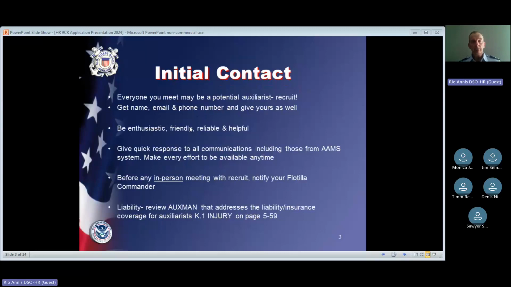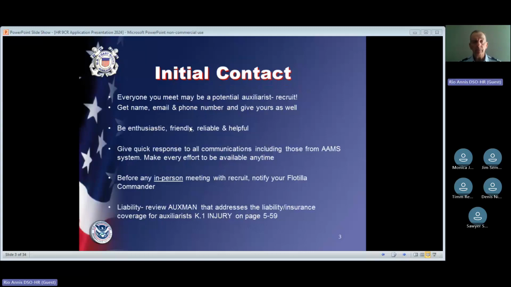Obviously, we want to be enthusiastic, friendly, reliable, and helpful, so they feel like we're engaged in them, and then they might want to be engaged with us. We always want to give a quick response to all communications, whether they phone us or email us. Try to get back to them within a day or two at the most.